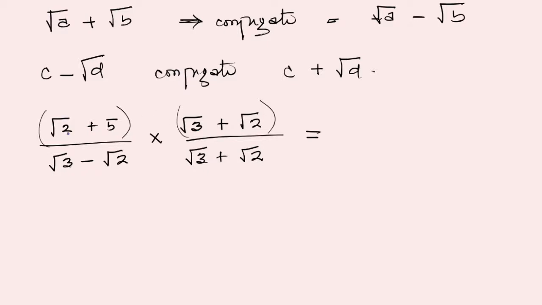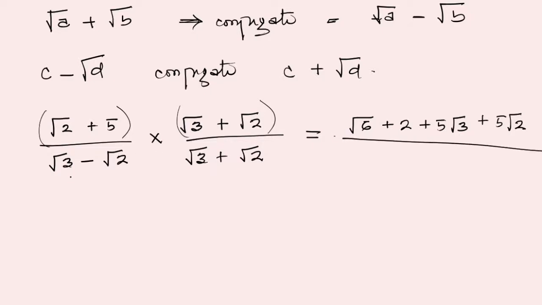So this becomes root 2 multiplied by root 3, which is going to be equal to root 6. And then root 2 multiplied by root 2, which is going to be equal to plus 2. 5 multiplied by root 3 is going to be equal to plus 5 root 3. And 5 multiplied by root 2 is going to be equal to plus 5 root 2.